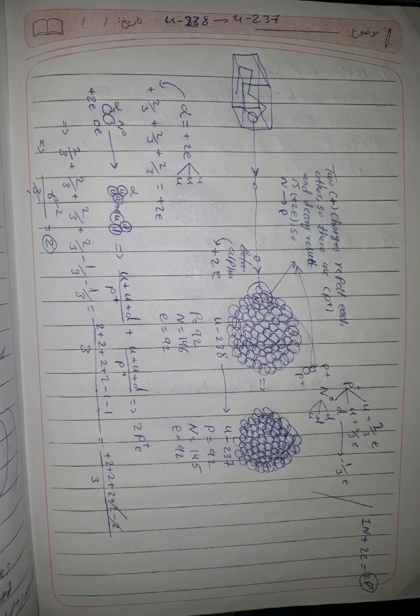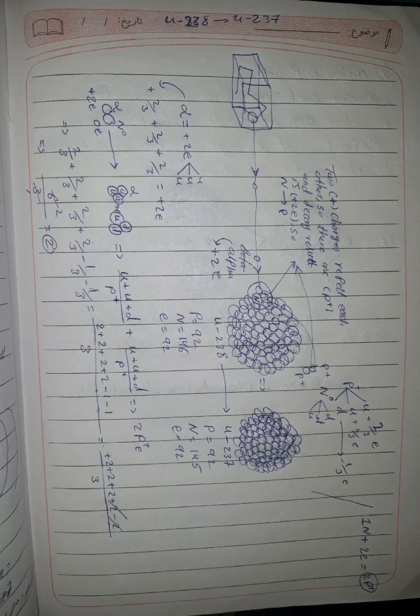Actually, we have uranium 238 and we fire particles, mostly alpha particle, which has positive 2e. It has positive charge, and if we fire alpha particle through the nucleus of uranium 238, it will go and collide with the nucleus of uranium, and the uranium 238 will decay.